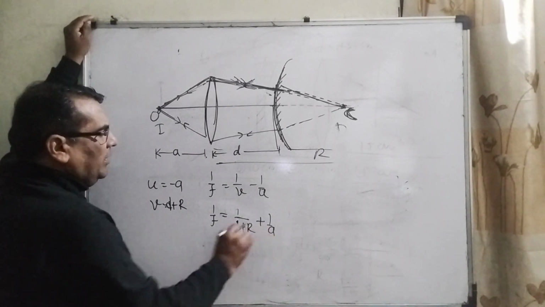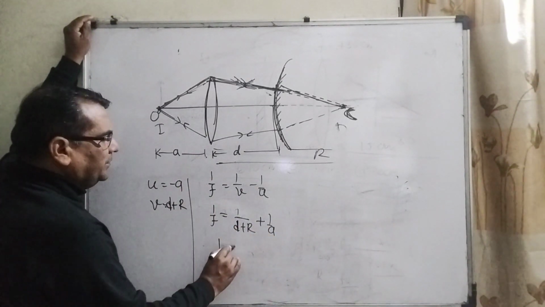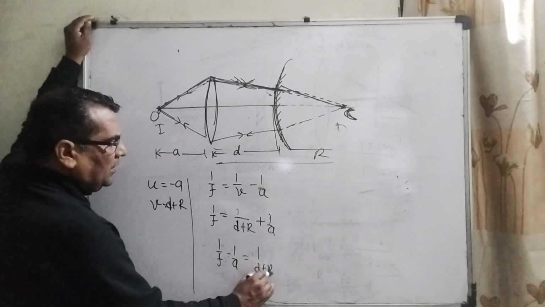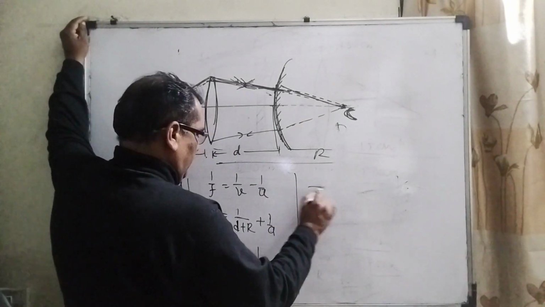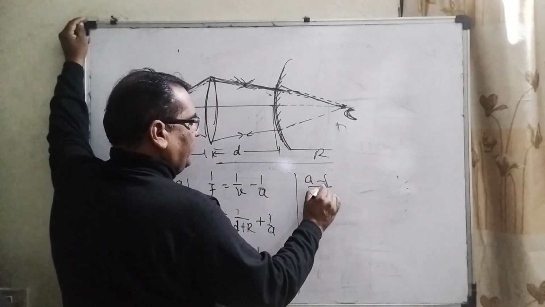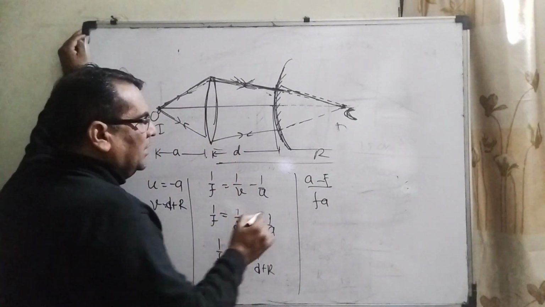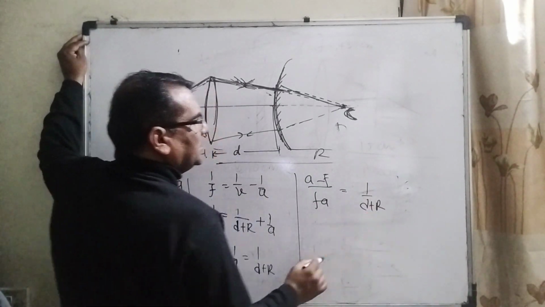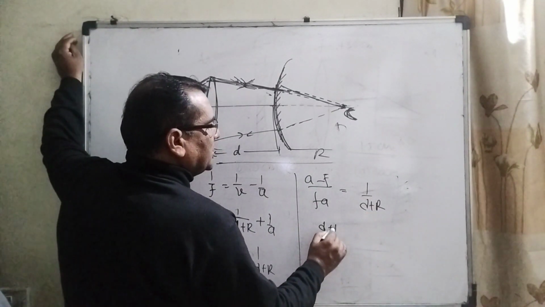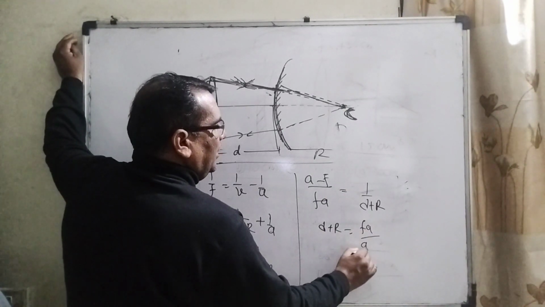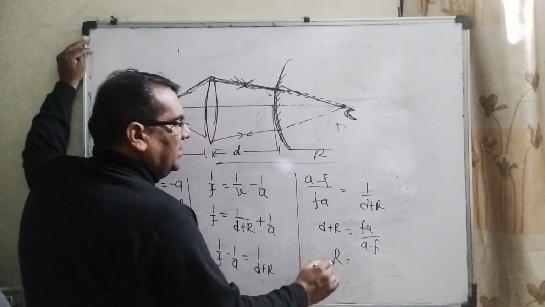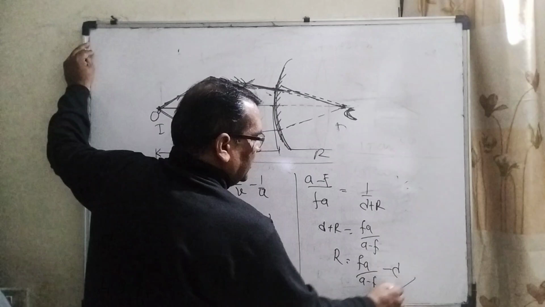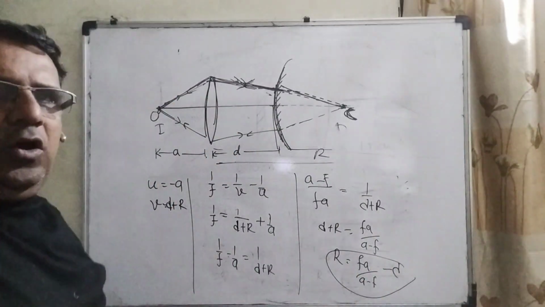Minus minus plus, 1 by f equals 1 by v plus 1 by a; transposing, 1 by v equals 1 by f minus 1 by a. Taking the LCM, (a minus f) by fa equals 1 by (d plus R). Then d plus R equals fa by (a minus f), and transposing d, R equals fa by (a minus f) minus d. It is your formula. I hope you understand.